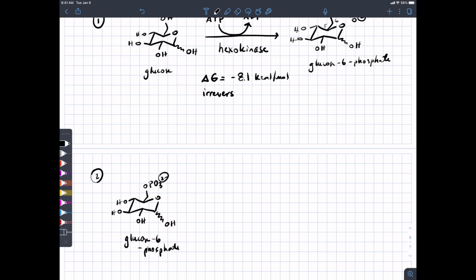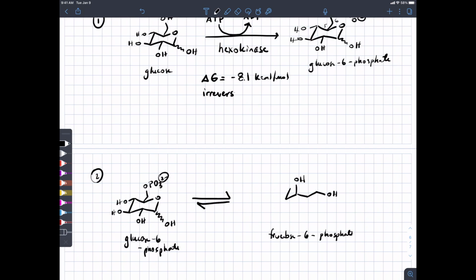And then we're going to isomerize it to fructose 6-phosphate. And I'm going to try to explain why. This may seem pointless, but it's actually essential to the strategy of the whole process.